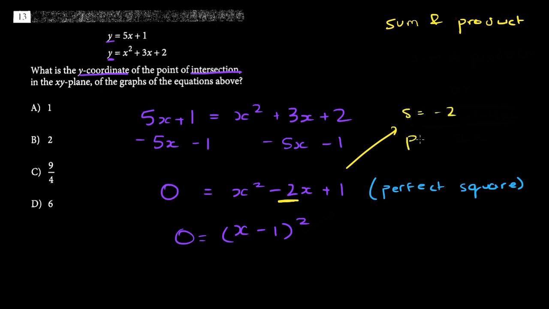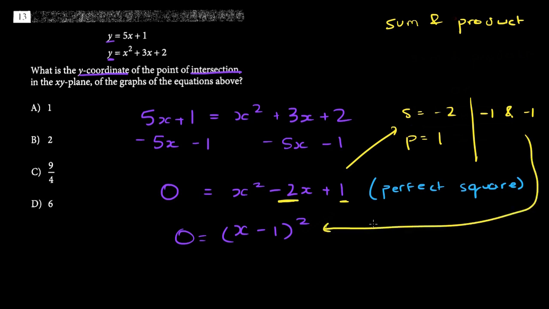The product is going to be our constant term, 1. And so we're finding two numbers that add up to minus 2 and multiply with each other to give us 1. And that's going to be minus 1 and minus 1. So that's why we get this as our answer for that quadratic. And so x should be equal to 1.